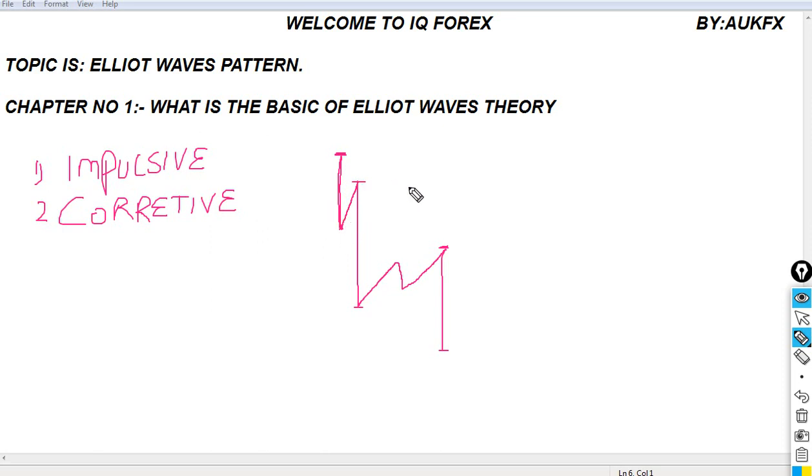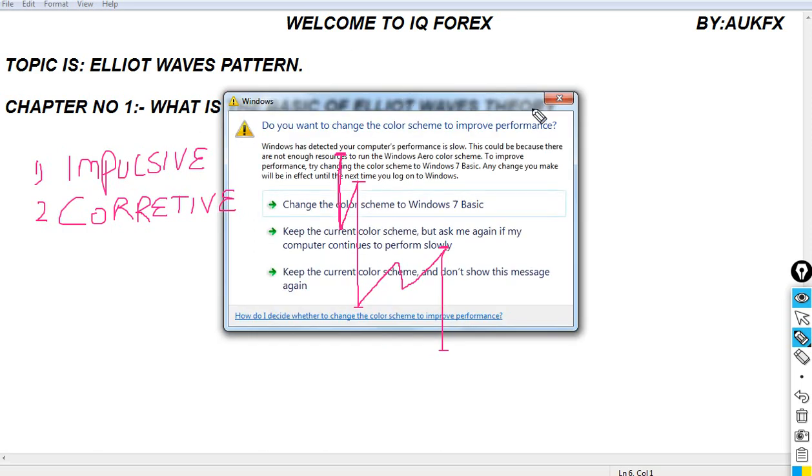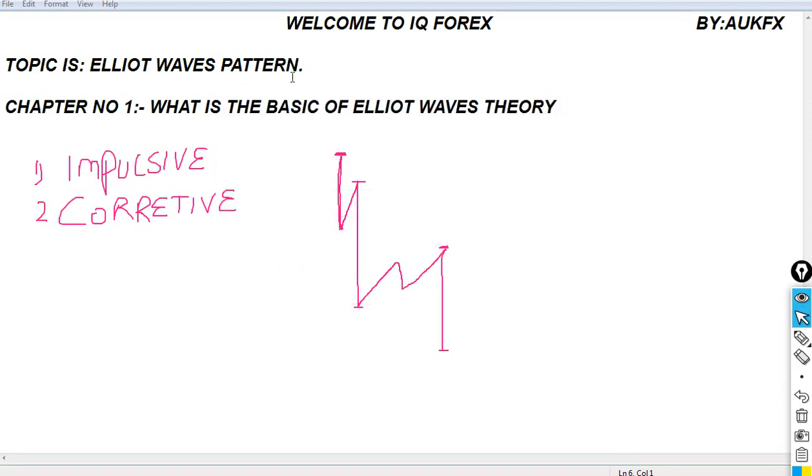Now the Elliott wave pattern depends upon the number of waves, and there is a pattern which is so popular. That's why Elliott wave is so popular, and that is the 1 2 3 4 5 pattern.